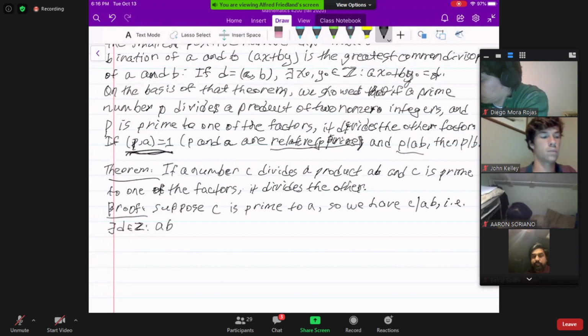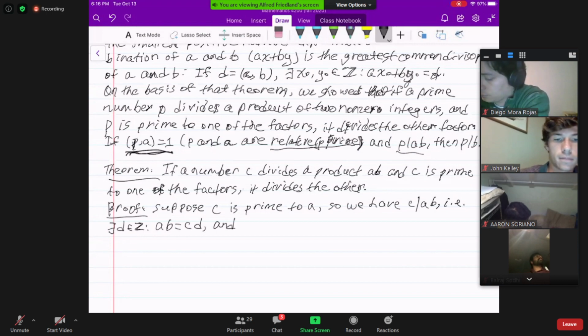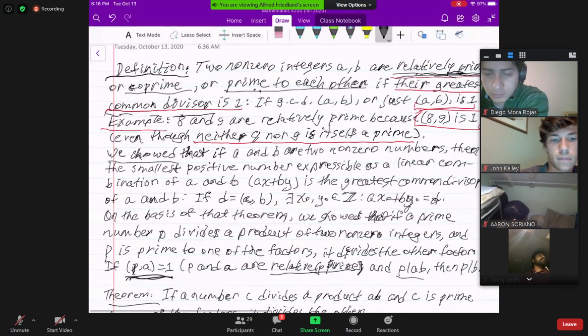It means AB equals C times something, say D. And we also have that C is prime to A. That means by definition, prime to each other means the greatest common divisor is 1.